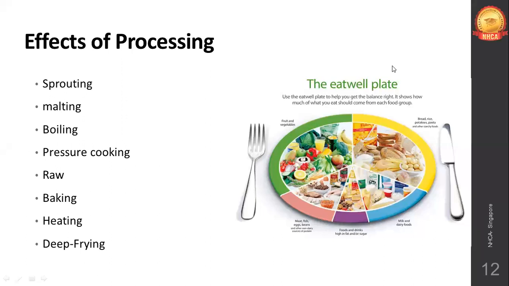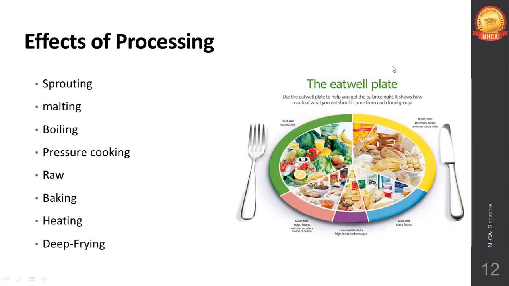You are increasing the phenolic content of the wheat or any sprouts. By boiling and pressure cooking, also phenolic content is increased. Dehusked legumes, when you dry roast them, there is no change observed, or there is an increase. But other form of processing, there is no change seen.